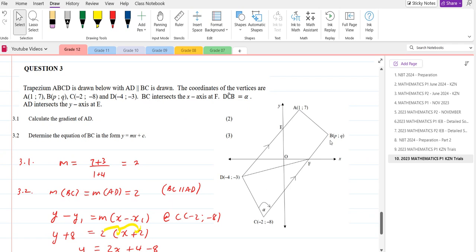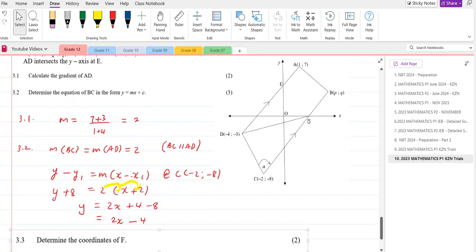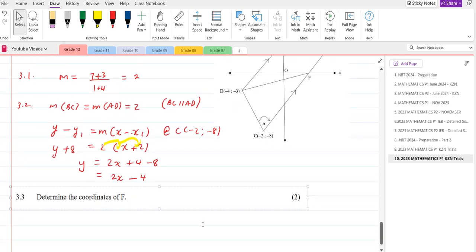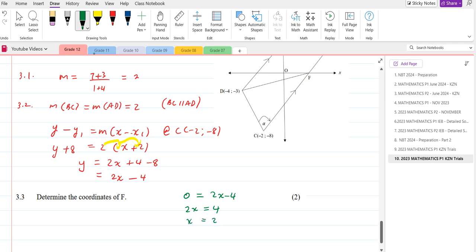BC, line BC intersects the x-axis at F. Right, so F we can find, which is the x-intercept, make y 0. So from this equation, we're going to say 0 equals 2x minus 4. So 2x equals 4, x equals 2. You can see 2 times 2 minus 4 is 0. So x equals 2. So therefore the coordinates of F is 2, 0.